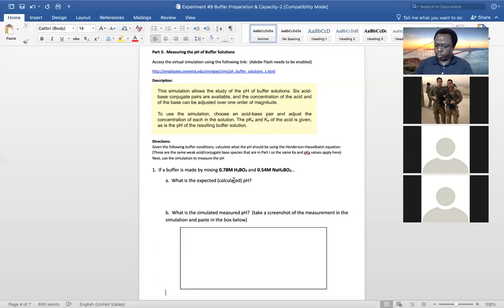I'm going to use 0.68 and 0.43. I'm gonna change this to 0.68 and this is 0.43 on the simulation, and this is where you will put.